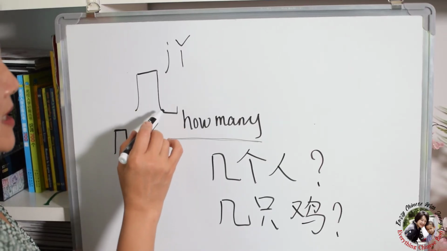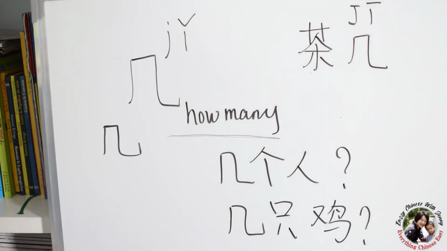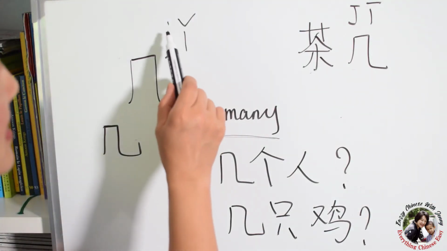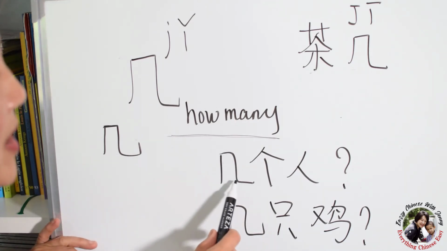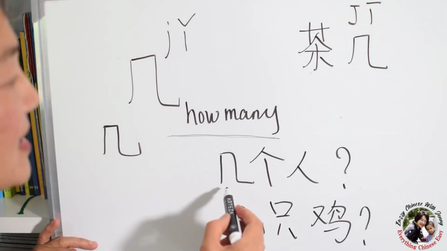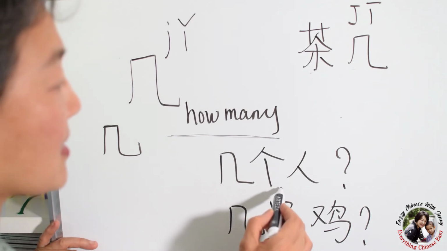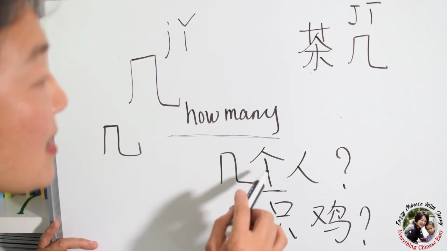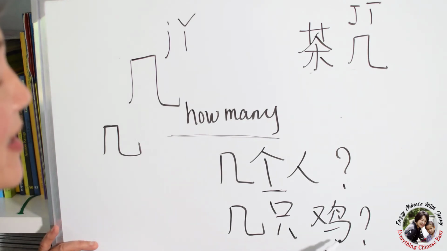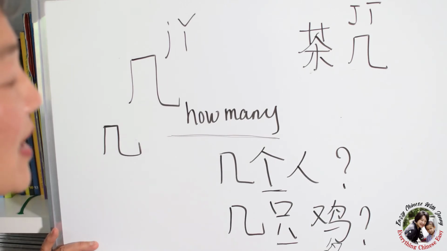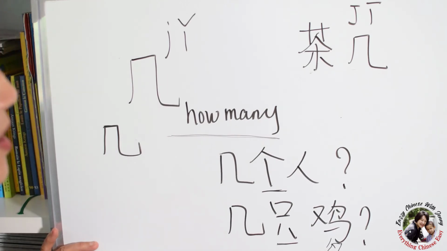Pronunciation is jǐ. When it means how many, its pronunciation is jǐ. So if you ask how many people, we say 几个人. See, the measure word is 个. But if you ask how many chickens, you say 几只鸡. Or how many birds, you also say 几只鸟.